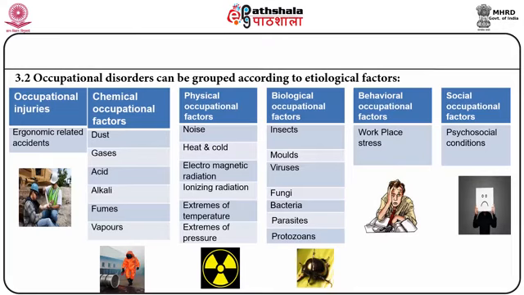Now, biological occupational factors could be insects, molds, viruses. These would come into places where people are working in the agricultural industry, or one of the very famous examples, the tobacco industry. Now, a word about tobacco. The tobacco industry actually came from America, but it has been found that a very good variety of tobacco is being grown in the area of Andhra Pradesh and Madhya Pradesh.